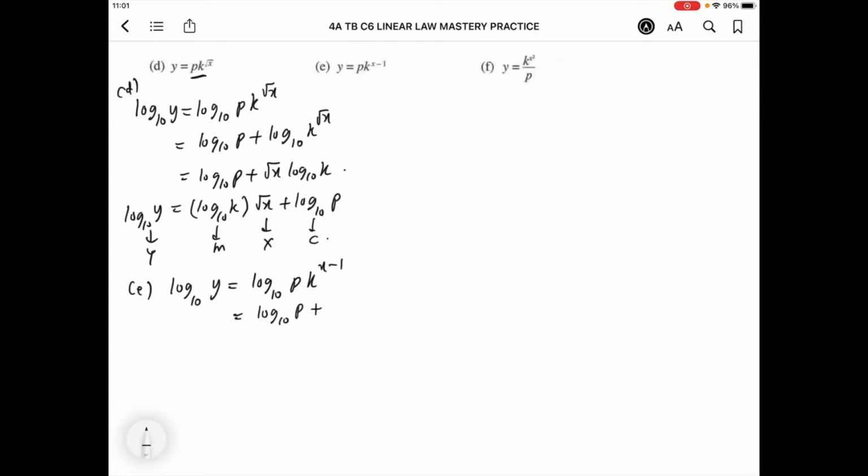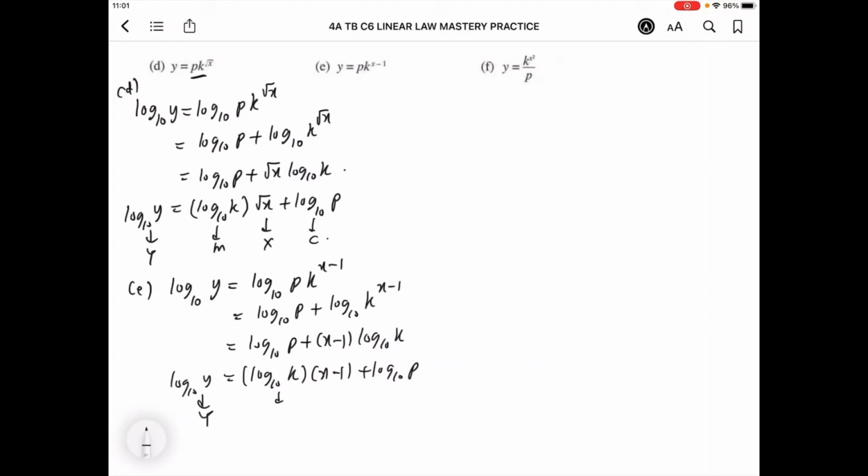When you break this up, this will be log 10k to the power of x minus 1. And that x minus 1 we can transfer in front. From here, I'll just rearrange, put log 10k first, put x minus 1 later, and log 10b last. So therefore this is your big Y now, this is your gradient now, this is your big X now, and this is your c. So D and E are quite similar.